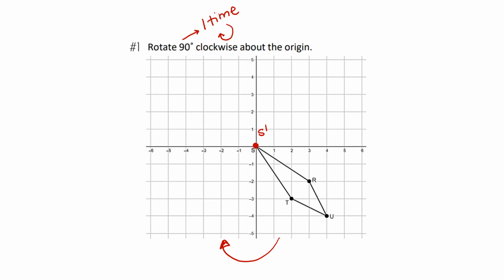Point T now lines up at 3, -2, making that T prime. R lines up at 2, -3, making that R prime. And point U still lines up at -4, -4, making that U prime. Connecting our dots to make the same diamond, but you can tell that it is not in the same direction.